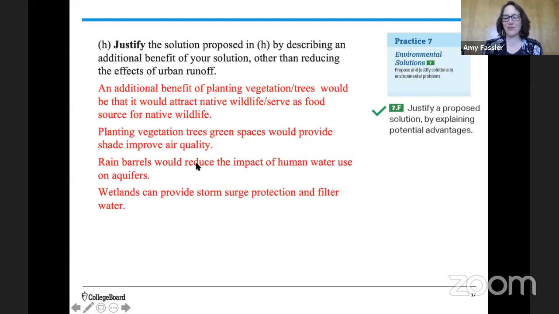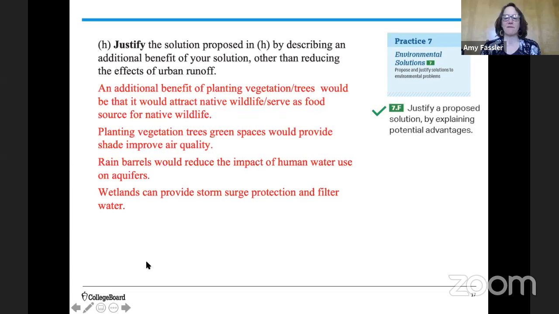Those rain barrels that I put in, or cisterns to collect my water, could reduce the amount of water that I took from my hose or my tap to water plants. And if I restore or maintain wetlands, I'm providing protection from storm surge and filtering of that water.